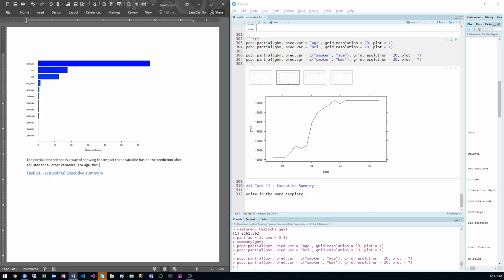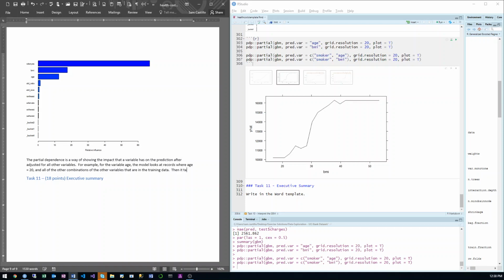This is, for example, for the variable age, the model looks at examples, at records, where age is equal to 20 and all of the other combinations of the other variables that are in the training data.